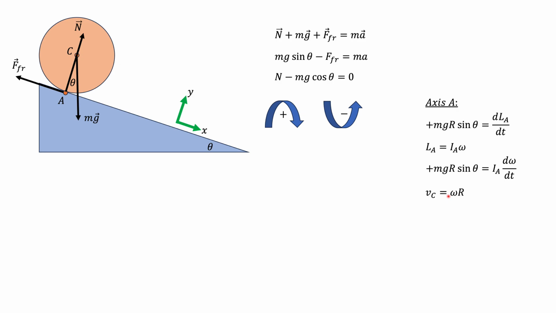In our case, we need to put a plus sign, and that's because positive omega means a clockwise direction with respect to axis A, and that clockwise direction results in a positive velocity of the center of mass.